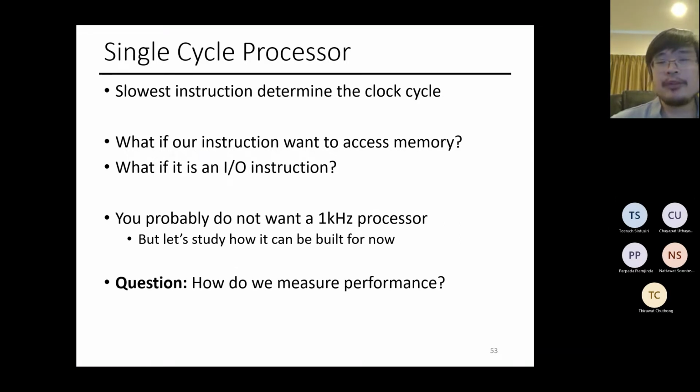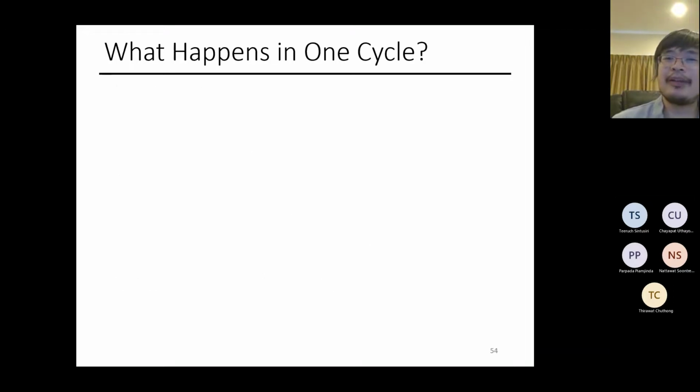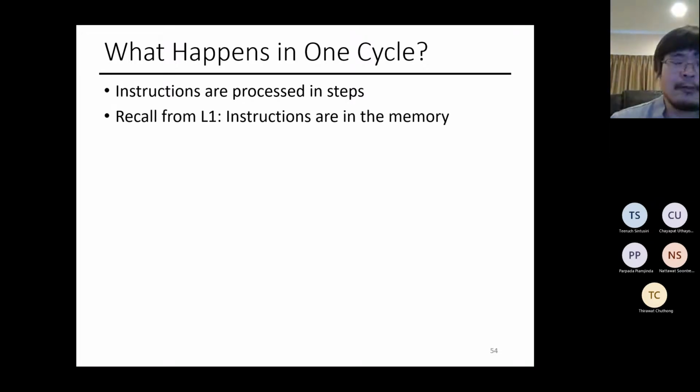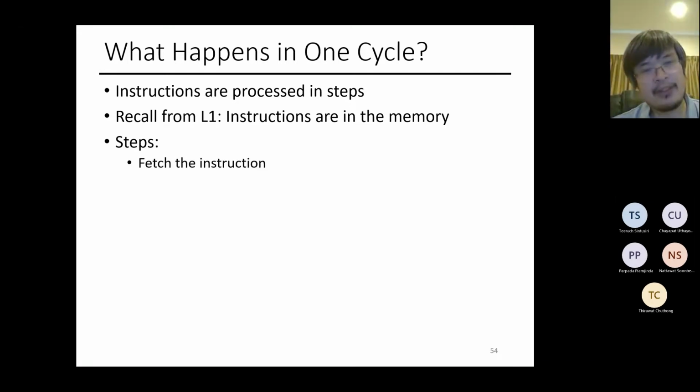Question is, well, how do you measure performance and what happens in one cycle, right? So instructions are processed in steps, basically. Recall from lecture 1, right? Instructions are in memory. So if my program is in memory, the first thing I have to do is go and get my instruction, fetch the instruction.